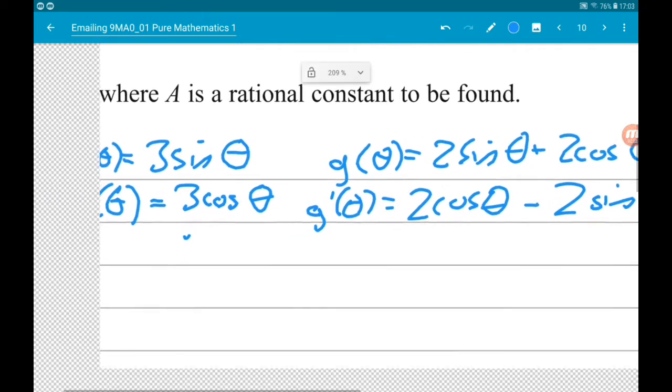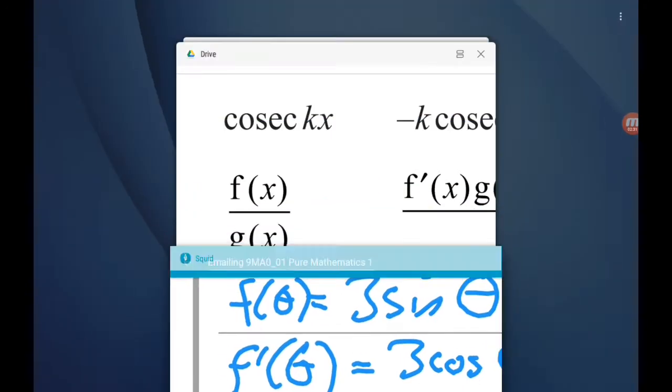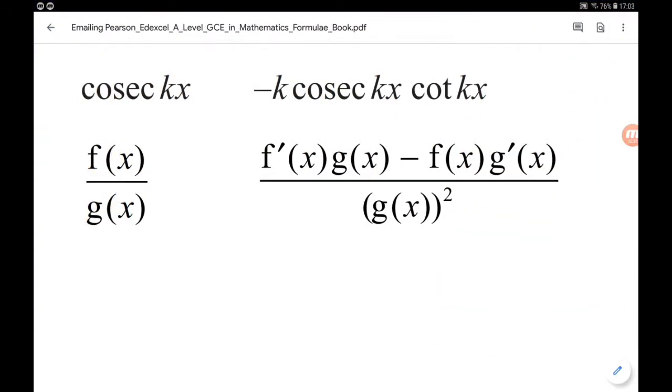So, putting that together, we can get then that dy by d theta is equal to, now it's f dashed times g.